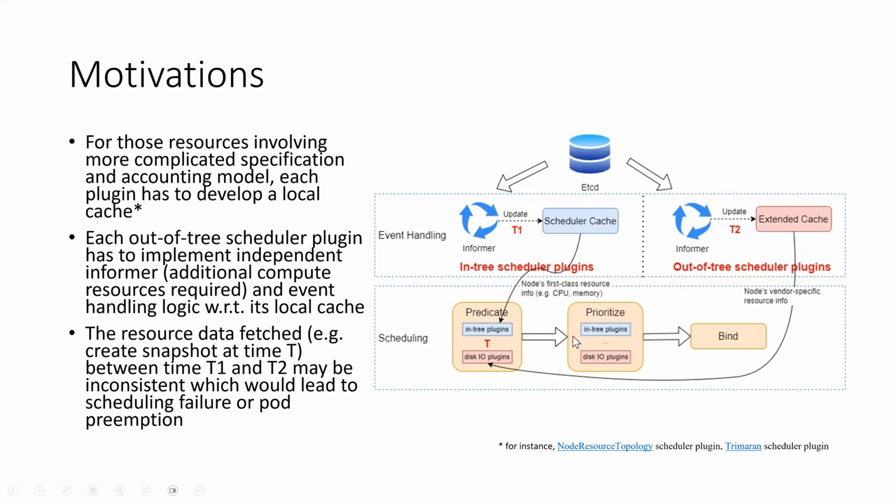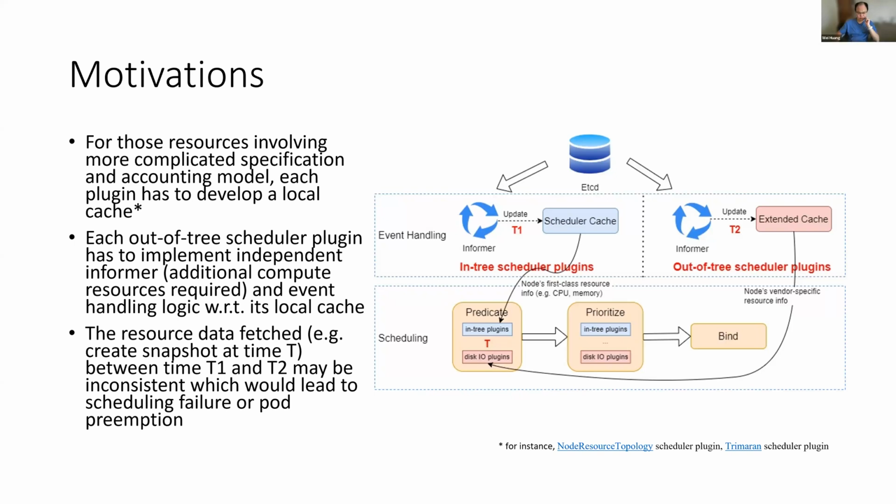If these two times are different, the data fetched will be inconsistent, not the same at the same time point, which could lead to scheduling or preemption problems. So these are two issues.